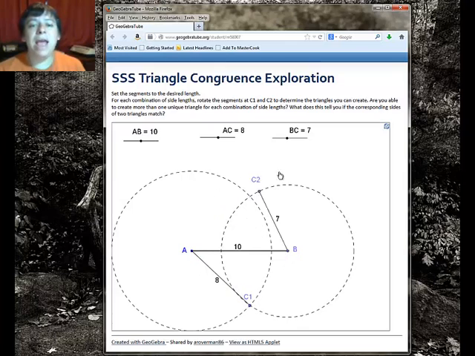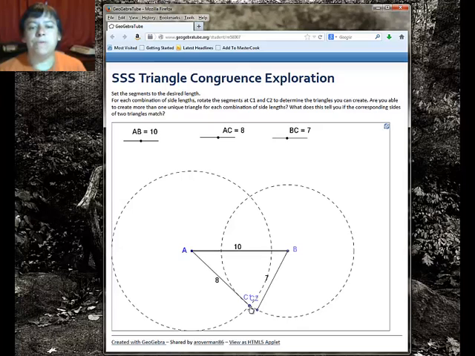So no matter how I set the lengths, assuming they're a valid triangle, there's only one combination that I can make. So this triangle with sides of 8, 7, and 10 is also congruent to the bottom triangle with sides of 7, 8, and 10, which leads us to the theorem that side, side, side: if two triangles share the same sides, then they will be congruent.